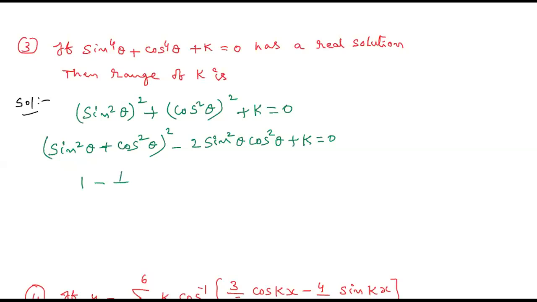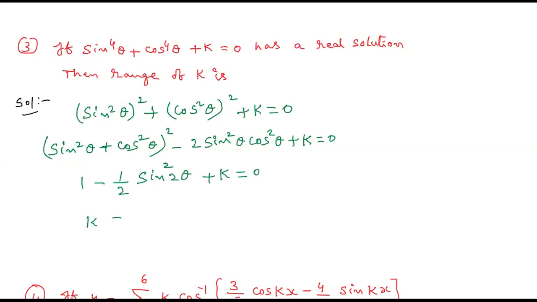Multiplying and dividing by 2, we get 4, which I am writing as 2 square. 2 square sine square theta cos square theta is (2 sine theta cos theta) whole square. 2 sine theta cos theta is, by the formula, sine 2 theta. Overall we get 1 minus (1 by 2) sine square 2 theta plus k is equal to 0.